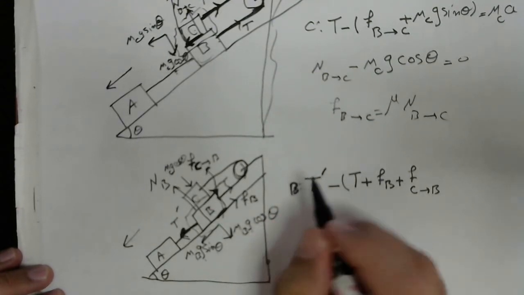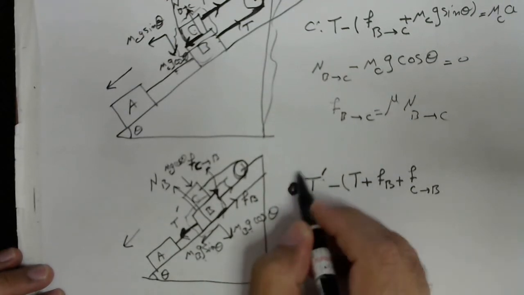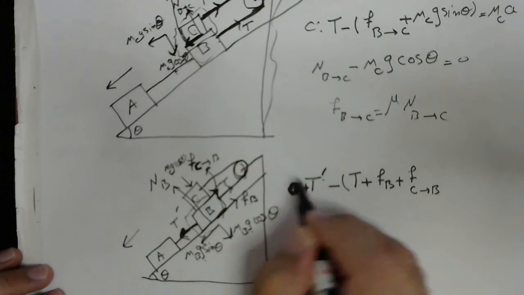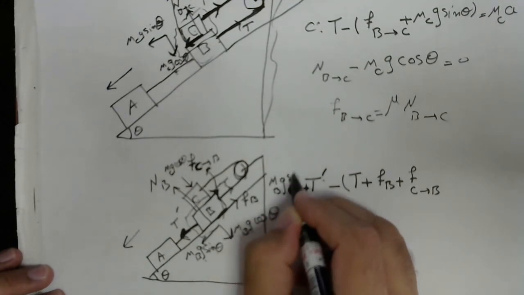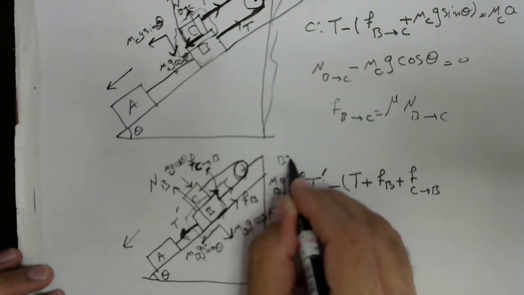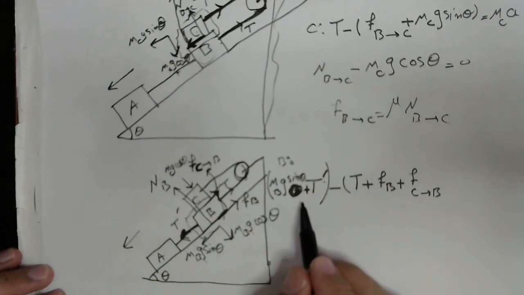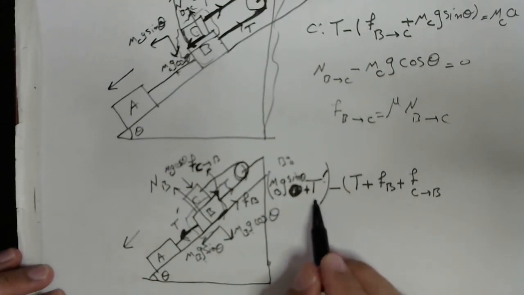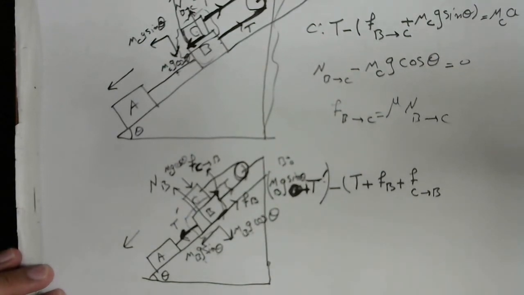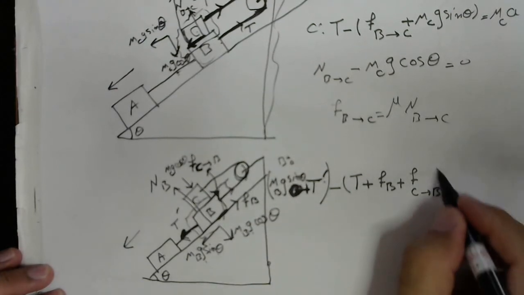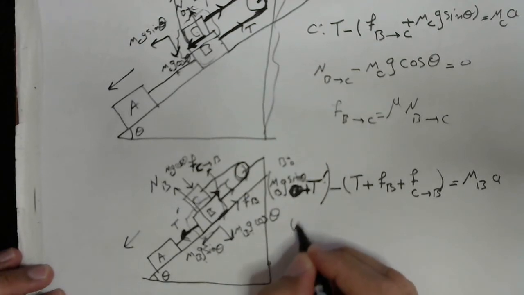So I would need to add this to T. That means I need to add MBG sine theta. This is when B is the system. So there are two driving forces here, MBG sine theta and T prime. And this becomes MBA.